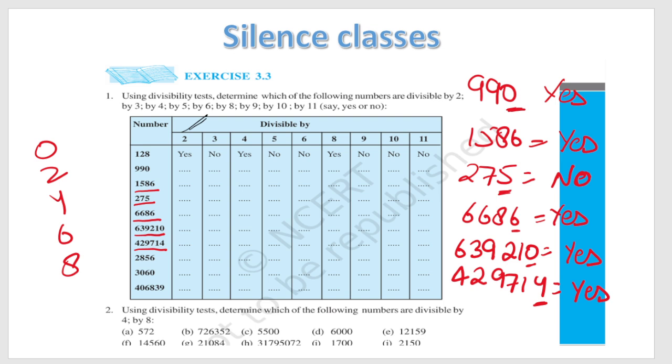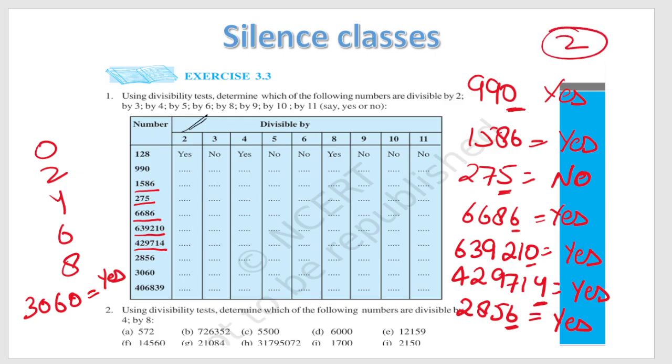Now the number is 2856 and the last digit is 6 and 6 is divisible by 2. Yes, this number is divisible by 2. 3060, the last digit of the number is 0. Yes, this means this number is divisible by 2. These all are the divisibility rule of 2.